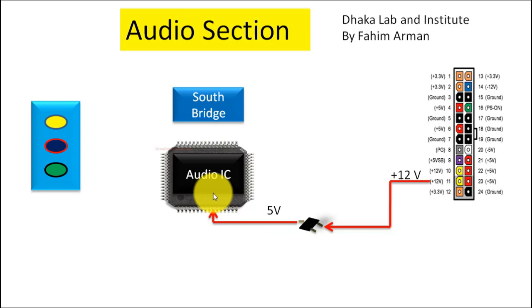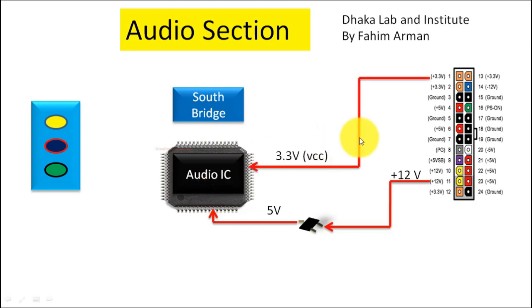The audio IC needs another voltage that will enter from ATX connector pin number 1, and this 3.3 volt is entering as VCC. So we can get these two voltages. These are the main voltages of the audio IC.